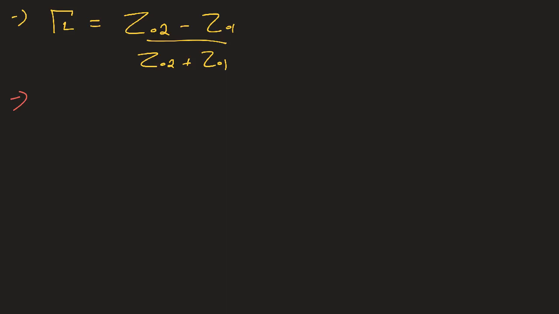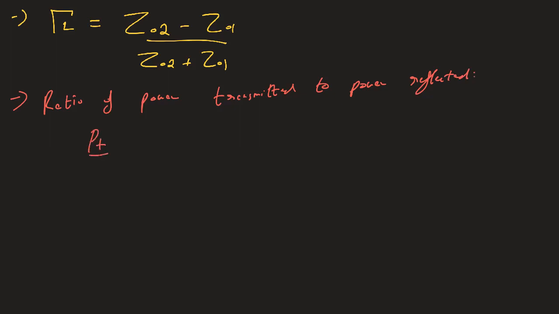So the ratio of power transmitted to the incident power becomes 1 minus mod gamma L squared, right?